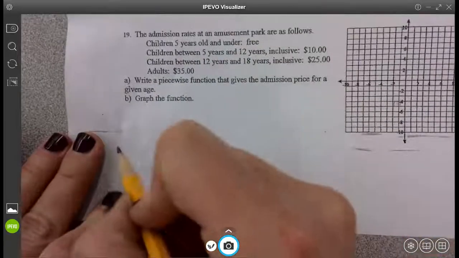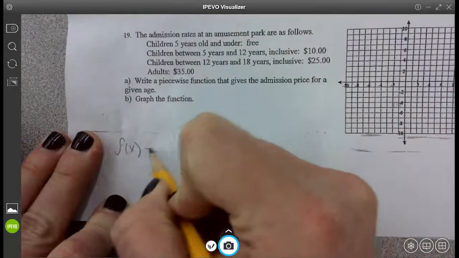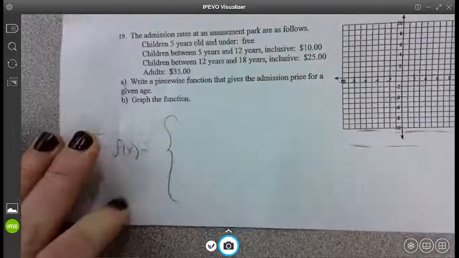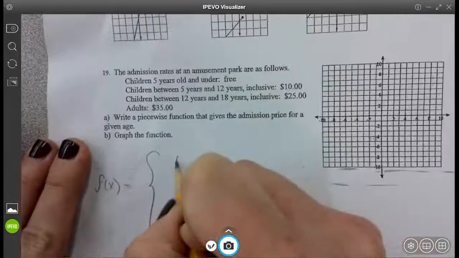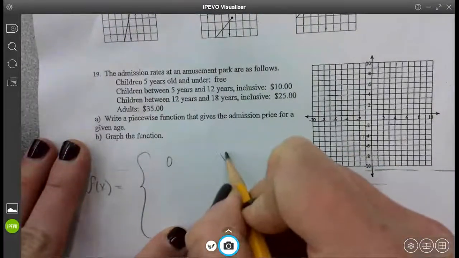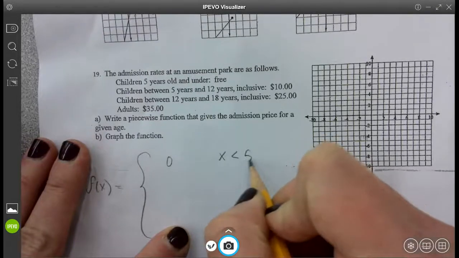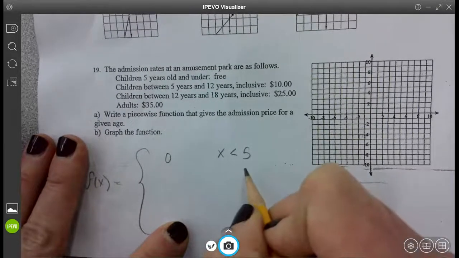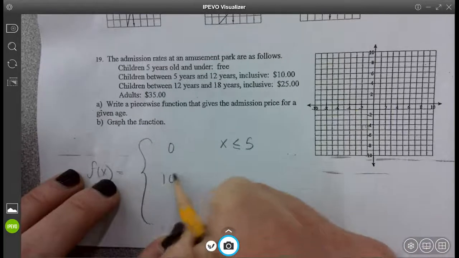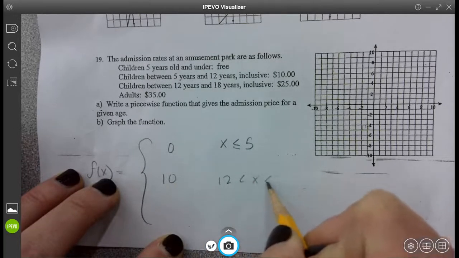So let's actually write a piecewise function. So we have 3 situations. Your output is $0 if your value is less than or equal to 5 years old. Your value is $10 if you're between 5 and 12 years old.